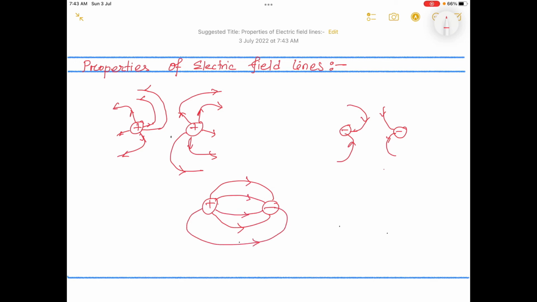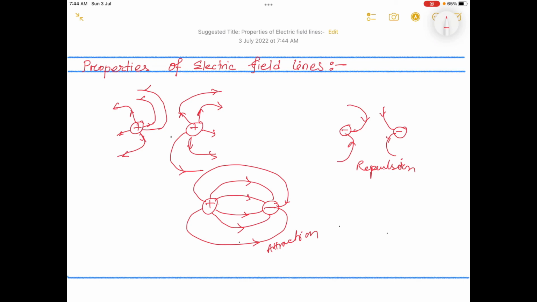This is attraction, and here it is repulsion. I hope you have understood this.